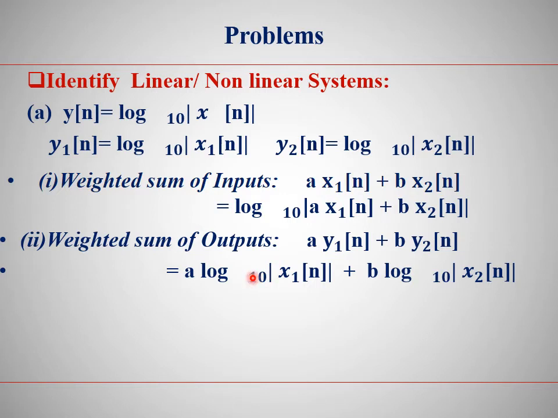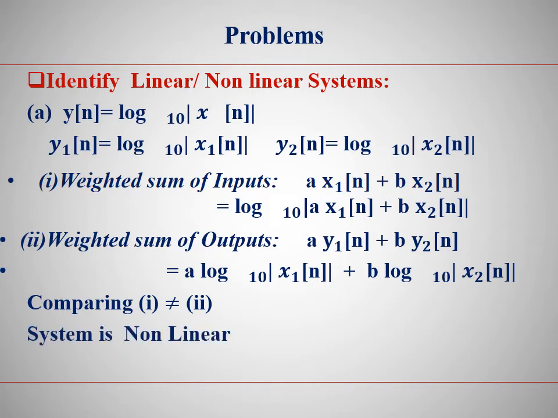This is exactly what we have got because y1 of n is log to the base 10 of x1 of n, as is seen here, and this is log to the base 10 of x2 of n, and hence this would be a into log 10 x1 of n plus b into log 10 x2 of n. Hence, when we compare the first and second expression, they are not equal. Hence, the system is non-linear.